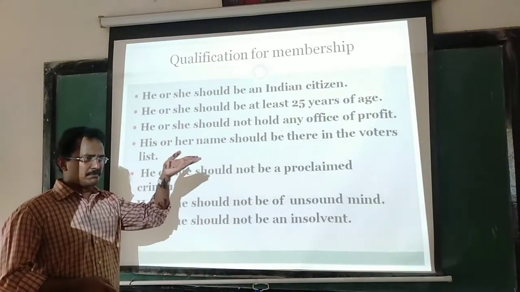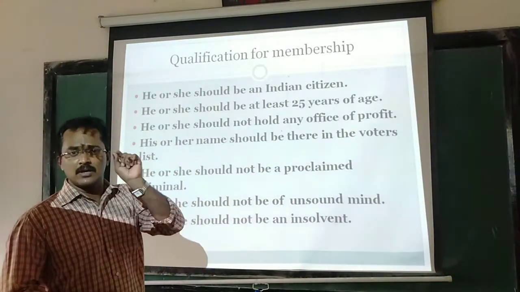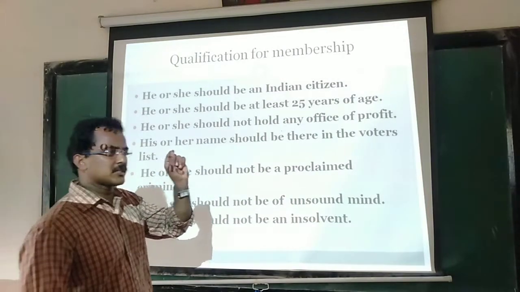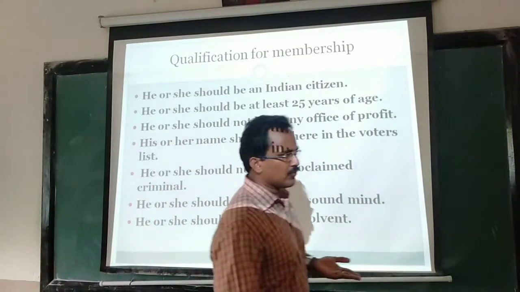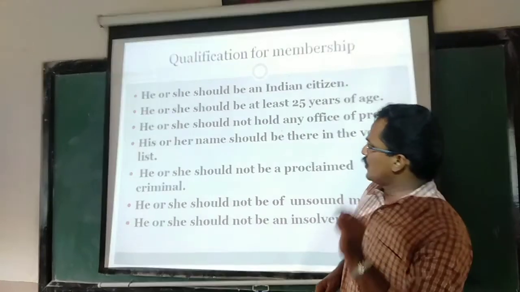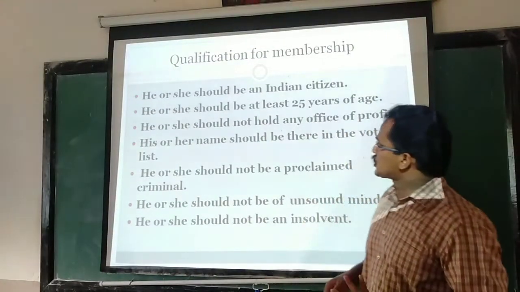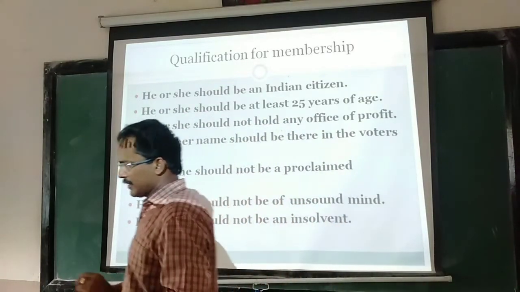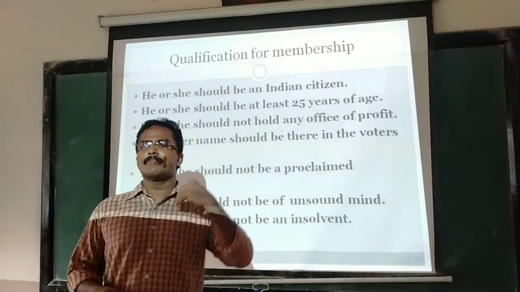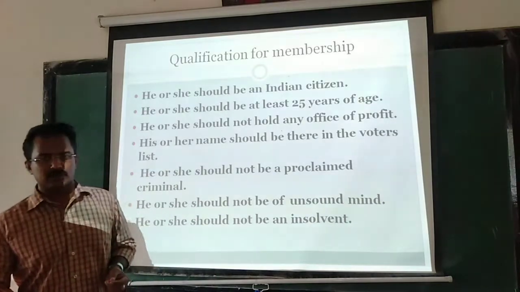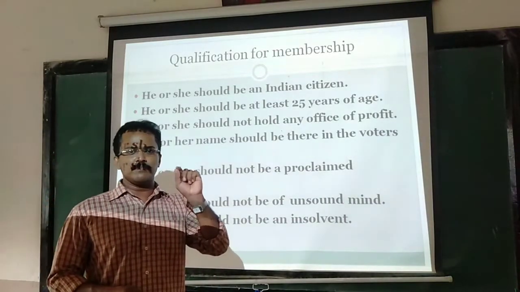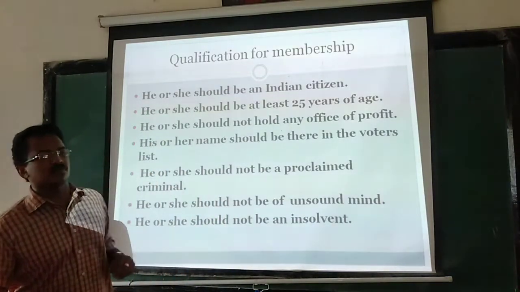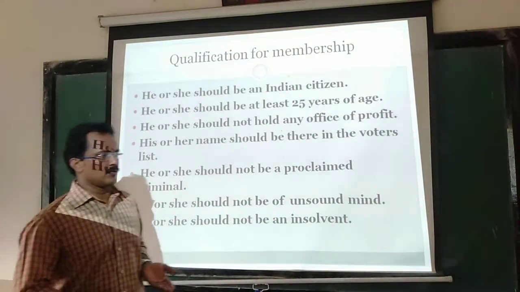If they want to become a member of Lok Sabha, they should first become a citizen of India. Second qualification, he or she should be at least 25 years of age. There is a minimum age for becoming a member of Lok Sabha. The minimum age is 25 years.